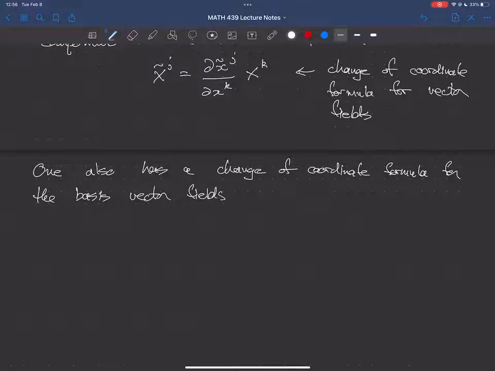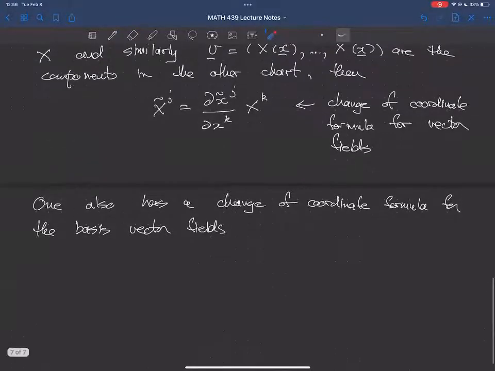And from linear algebra, you know how this goes. Usually in linear algebra, you do it the other way around. When you write the change of basis formula, you don't start with the change of basis formula for the components of a vector. You start with the change of basis formula for how the basis vectors are related to each other, and then from that you deduce this.